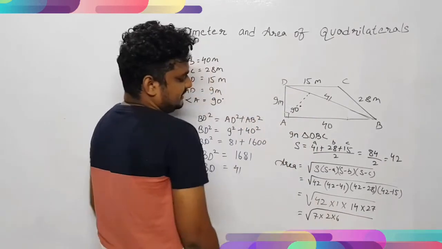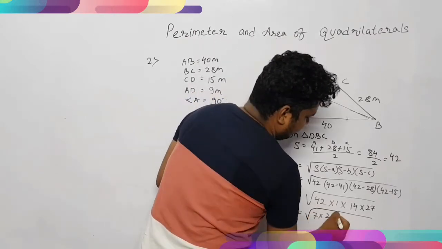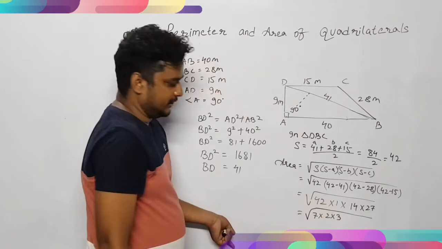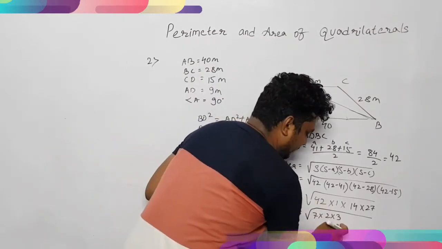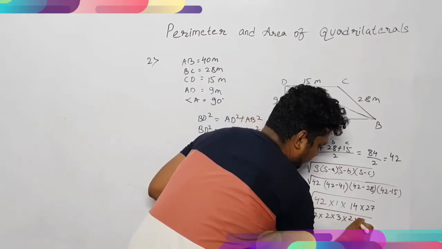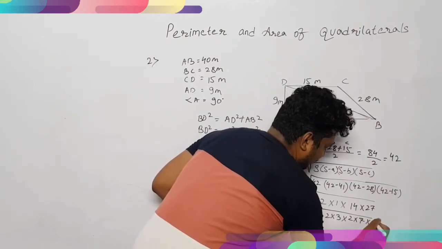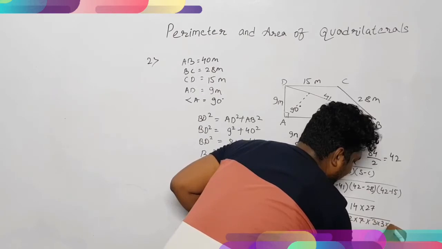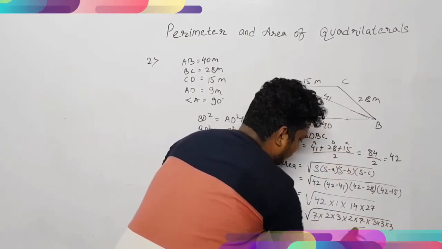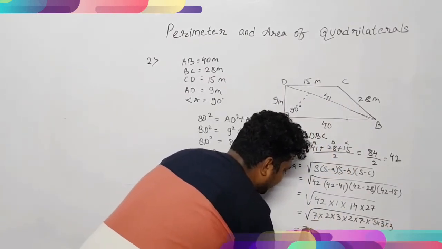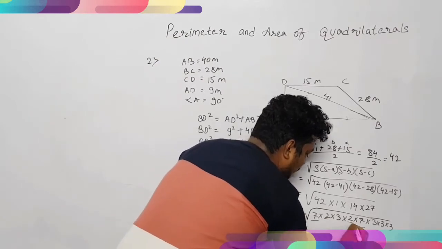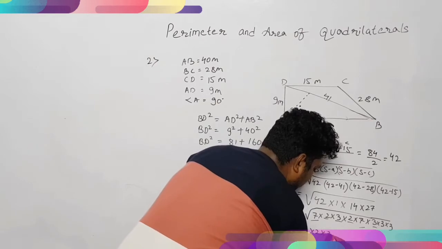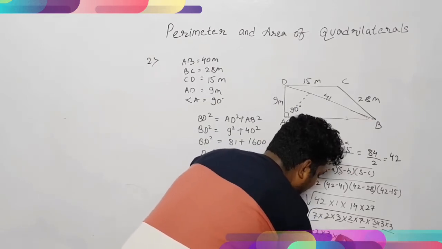So we have 2 into 7 into 3 into 3 into 3. We take out the pairs, so 1 of 7, 1 of 2, 1 of 3 and again 1 of 3 will come.